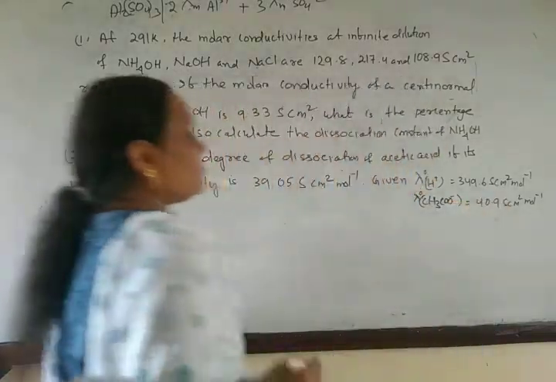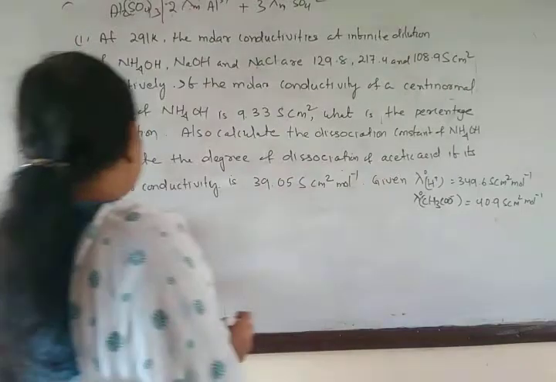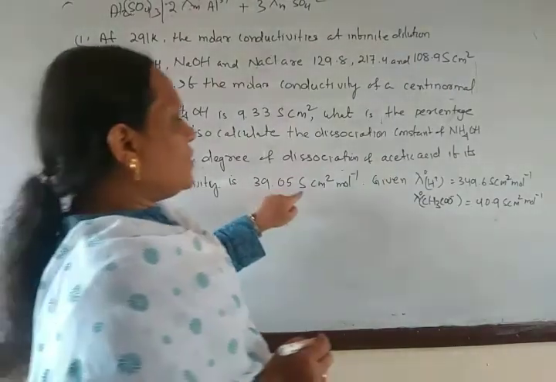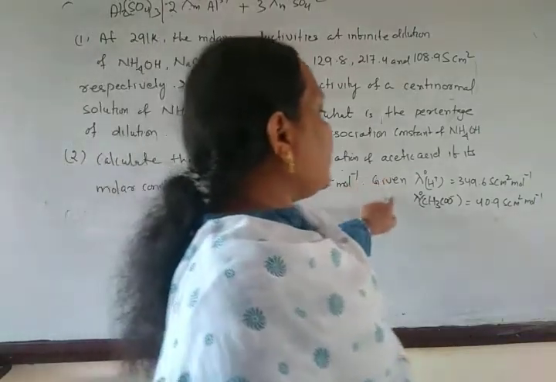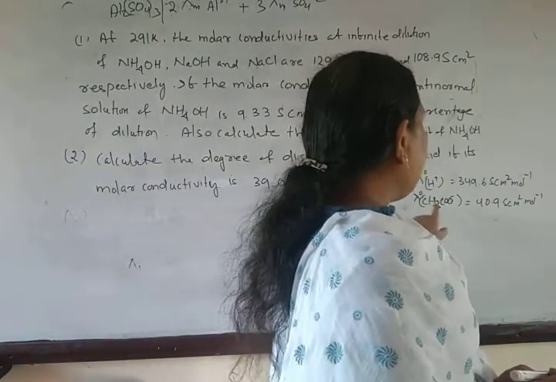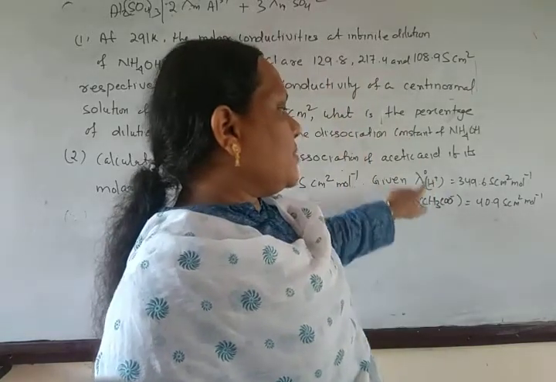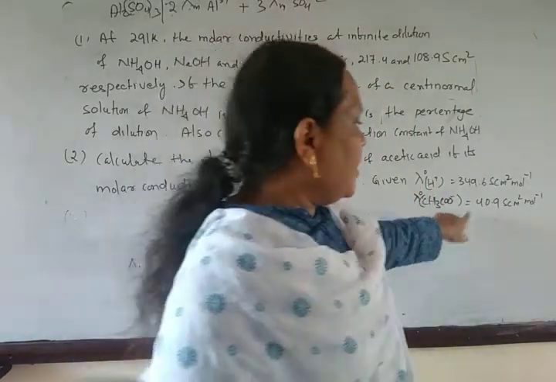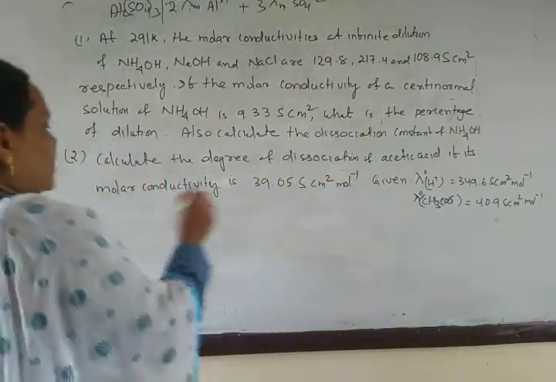Calculate the degree of dissociation of acetic acid if its molar conductivity is 39.05 S cm square mole inverse at any concentration, and given lambda of H+ and lambda of CH3COO-, the molar conductivity of H+ ion and acetate ion at infinite dilution. This much.